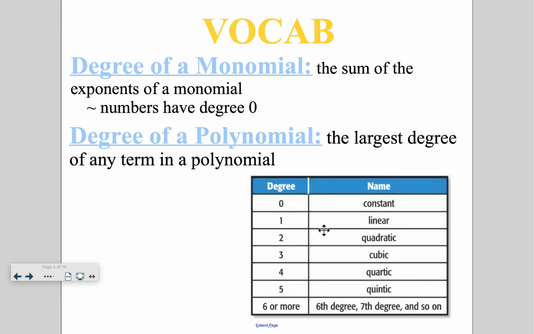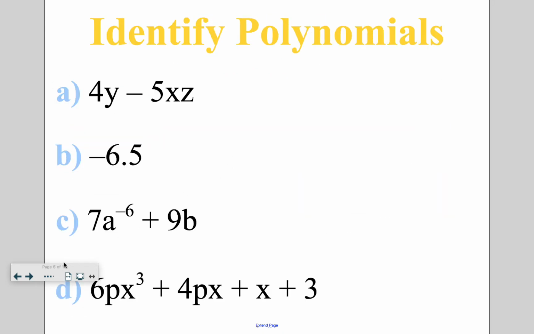So let's go through and do a few examples here. The first one, we've got 4y minus 5xz. So yes, this is a polynomial. It meets our rules of being a monomial or the adding and subtracting of a monomial. Our degree, in this first one, I've got 1.